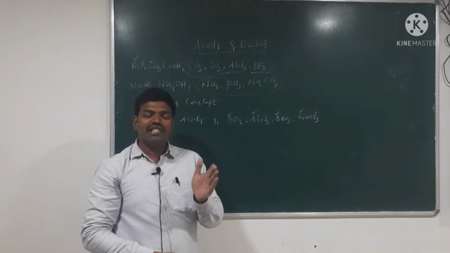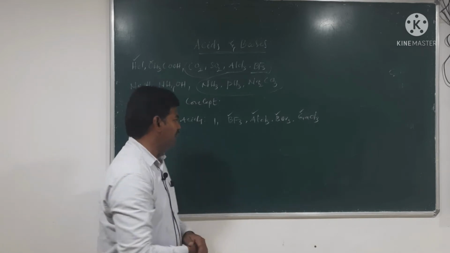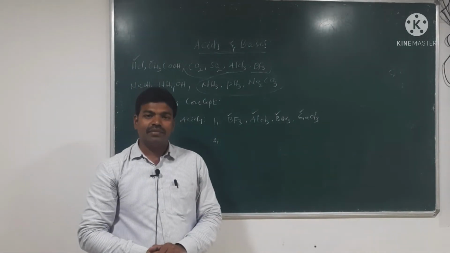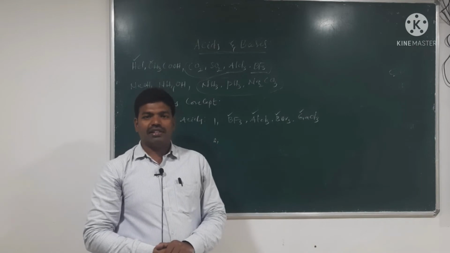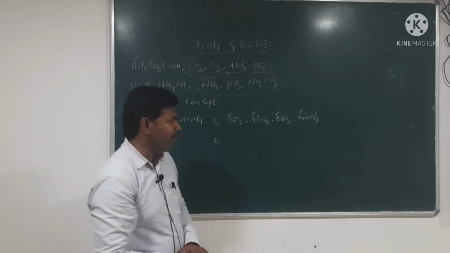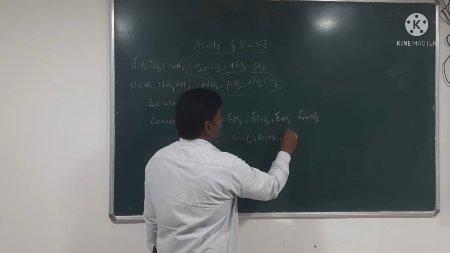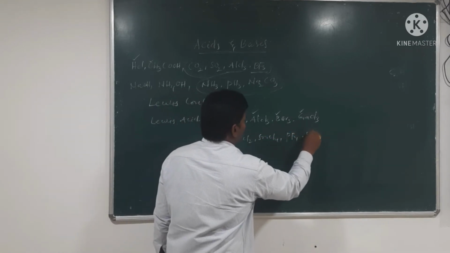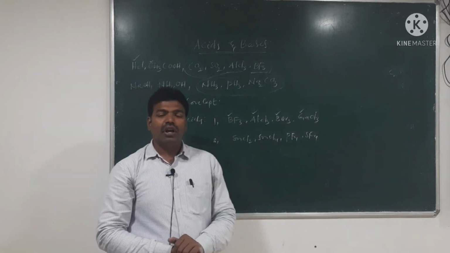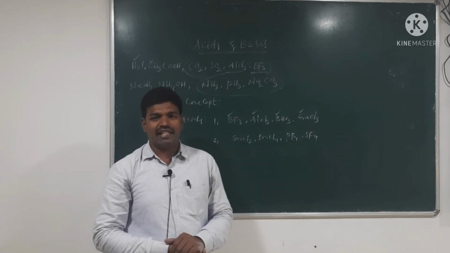Compounds in which the central atom has vacant orbitals can also act as Lewis acids, for example SnCl2, SnCl4, PF4, SF4.